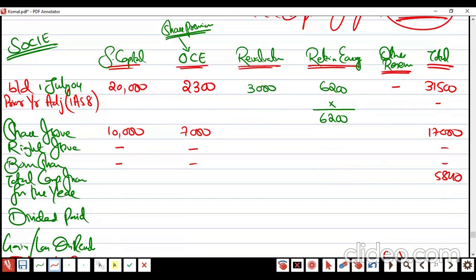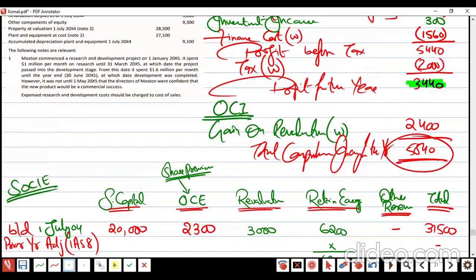Of the 5,840, 2,400 is the revaluation and 3,440 is the profit, correct? This total comprehensive income is going to be distributed amongst the revaluation and the retained earnings. The profit for the year is going to be part of retained earnings, and the 2,400 is going to be part of the revaluation reserve. Got me or not? Any questions?